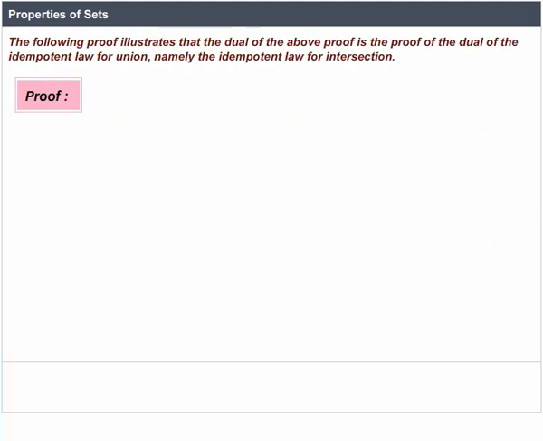The following proof illustrates that the dual of the above proof is the proof of the dual of the idempotent law for union, namely the idempotent law for intersection. Proof.